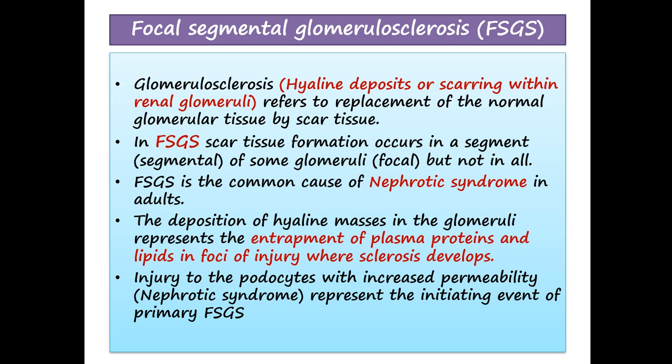Focal segmental glomerulosclerosis is a severe disease as compared to minimal change disease, and in this disease the proteins and lipids, in addition to being excreted in the urine and filtrate, get deposited in the Bowman capsule and in the glomerulus and form hyaline masses, which later on may undergo sclerosis.